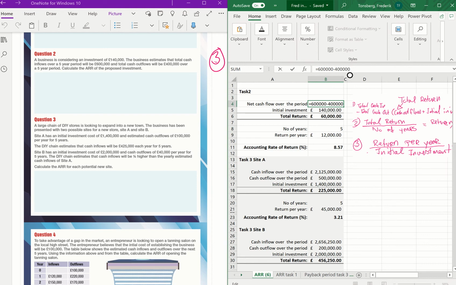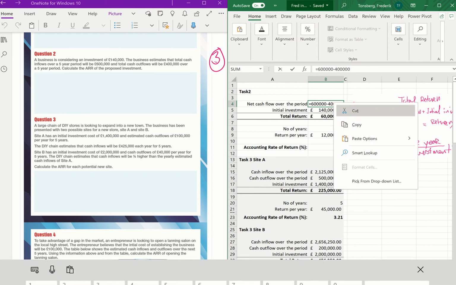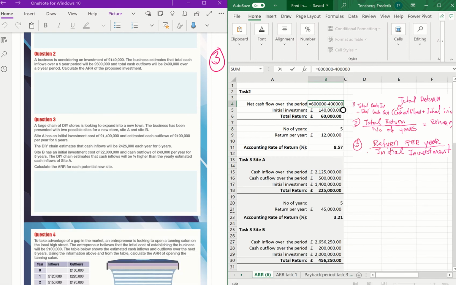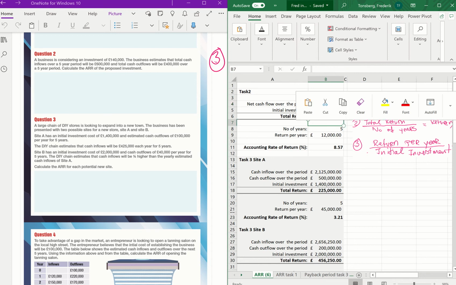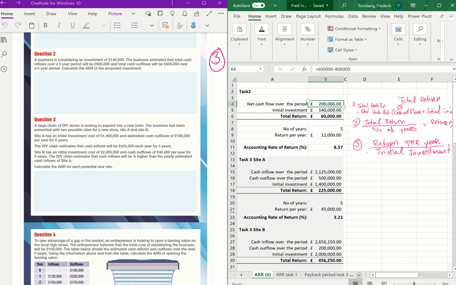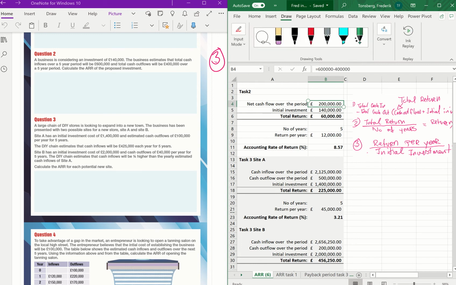So not per period or per month, but over the entire life. So what is the net cash flow? Well, that's simply, and that's the calculation I've done in here, total inflow is 600,000, total outflows is 400,000, and that gives us 200,000 net cash flow.